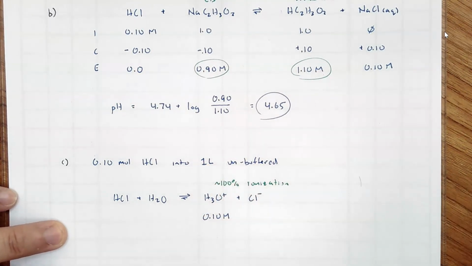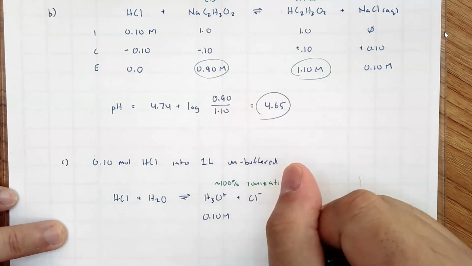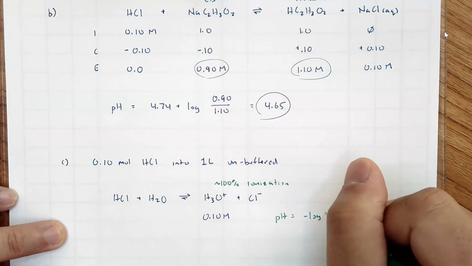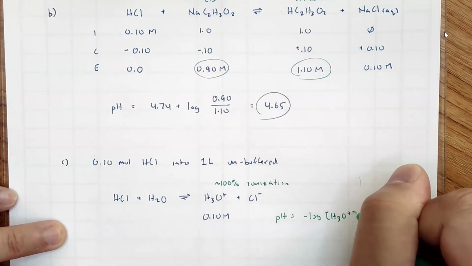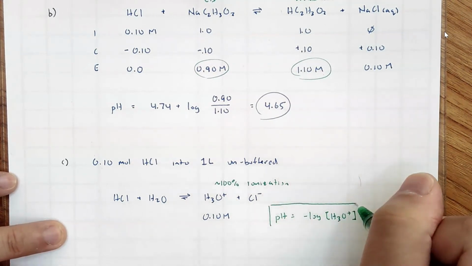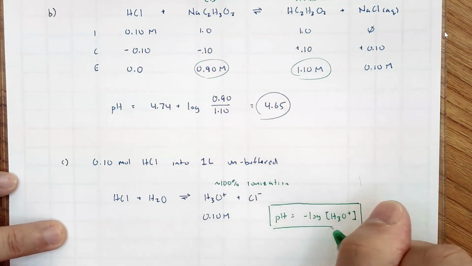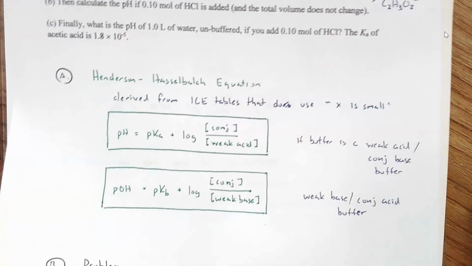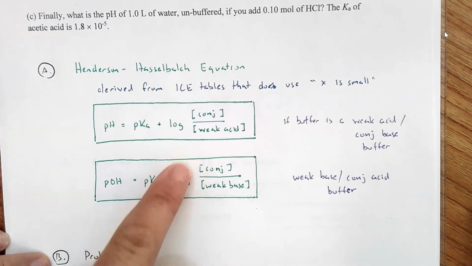You're going to put that into your pH equation. pH equals negative log of the concentration of H3O plus. We're not using the Henderson-Hasselbalch. You know why? We don't even have a buffer, right? The Henderson-Hasselbalch figures out the pH for buffers.